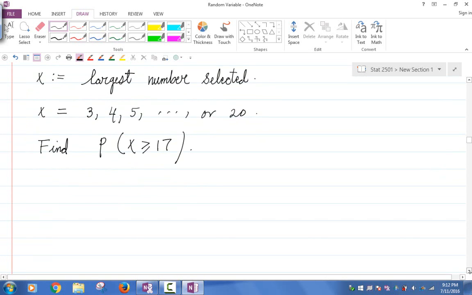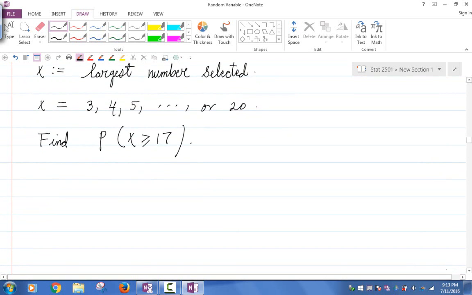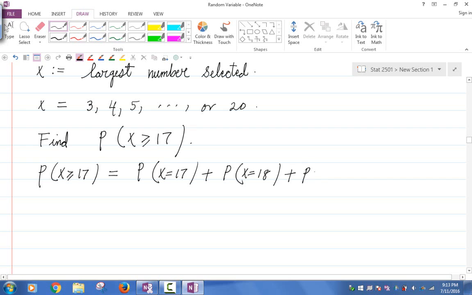So make sure that you understand that that is what we need to find. In order to find this, we have to find the probability that X is at least 17, which is the same as the probability that X is 17 plus the probability that X is 18 plus the probability that X is 19 plus the probability that X is 20.